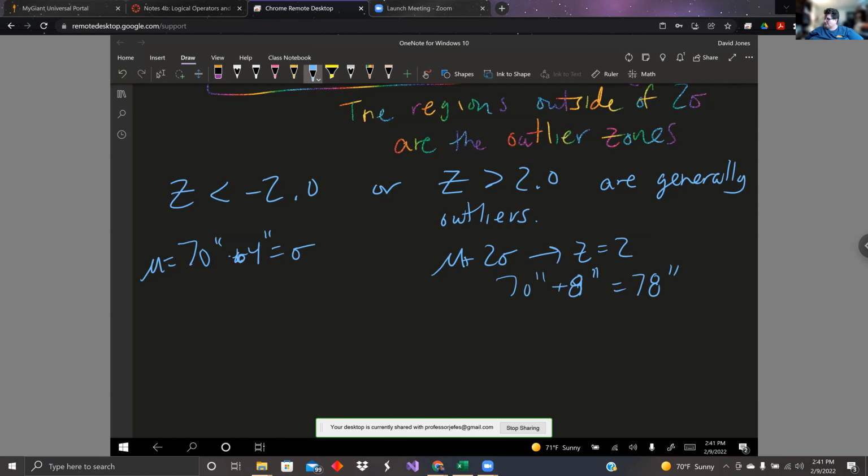Well, 72 inches is 6 foot, so 78 inches is 6'6". You really don't meet a lot of people taller than 6'6", do you?